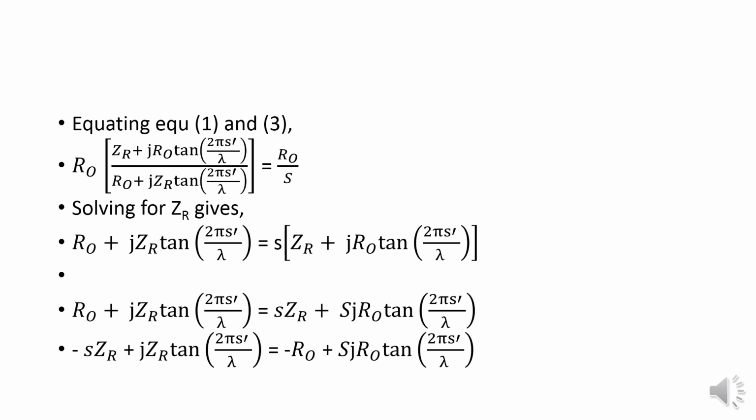Next, we have to take Zr as one term and R naught as the other term, so we separate the equation. The equation becomes minus S Zr + j Zr tan 2 pi S dash divided by lambda = minus R naught + S j R naught tan 2 pi S dash divided by lambda.